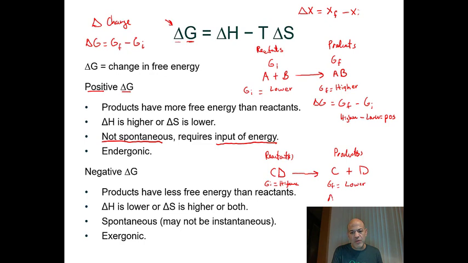And we go back to that equation. Delta G is equal to the final free energy, which is the products, minus the initial free energy, which is the reactants. And remember that the products had lower energy, so that's a lower value. And then we're going to subtract from that a higher value, some bigger number. That answer is going to be negative.